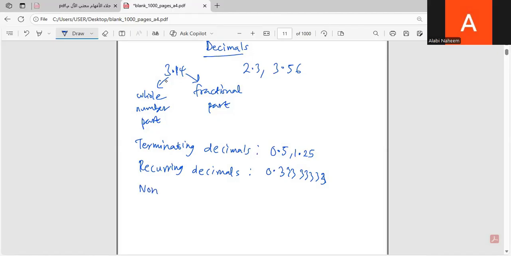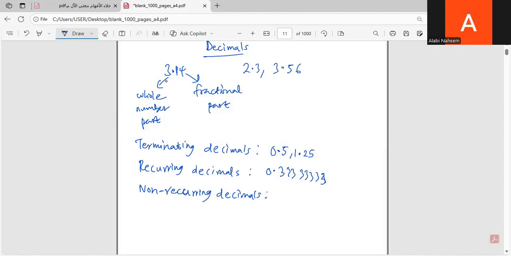So for non-recurring decimals, there are also decimals that go on forever, but they do not repeat themselves, unlike recurring decimals. Recurring decimals repeat, like 0.33333, 1.666666.